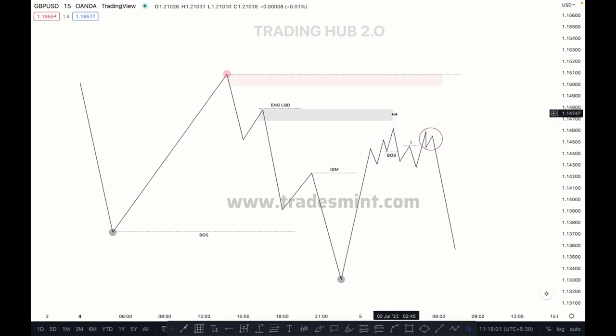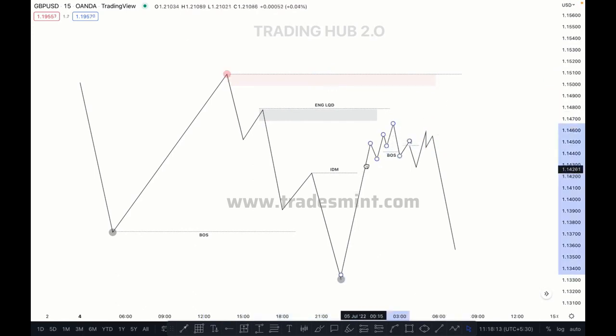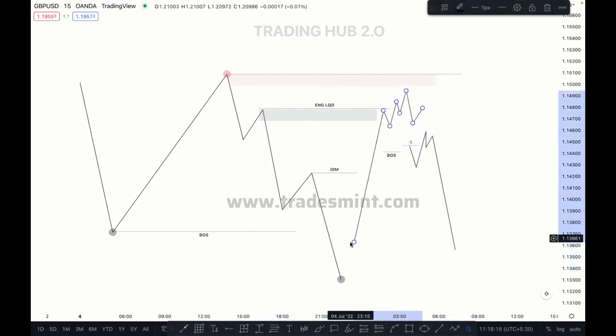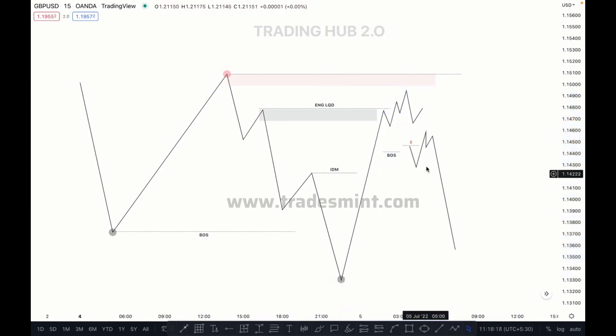Same thing applies here. After taking out this high, which is here, which is the engineering liquidity, if the market wants to go downside and the supply zone is here, then what criteria should you follow? The same thing will apply here, like this, correct?